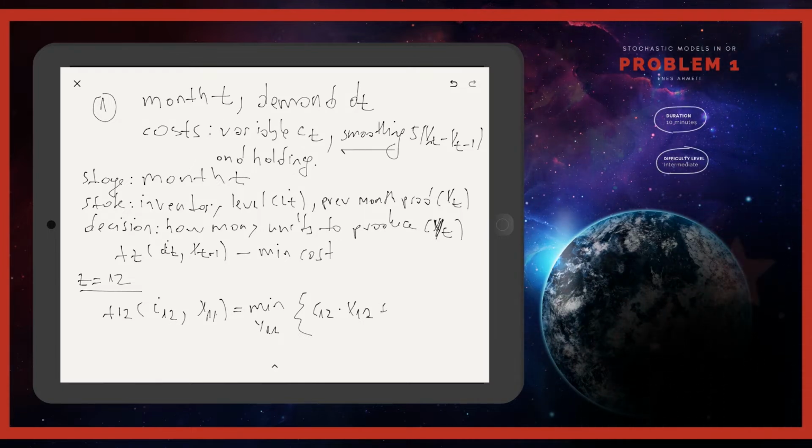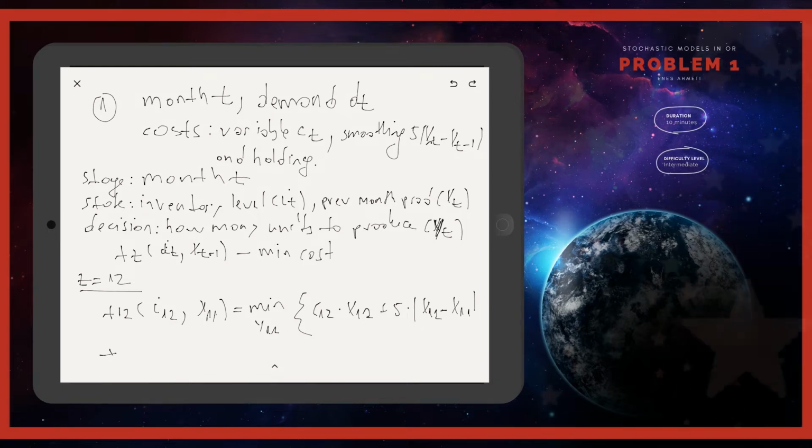My second cost is the smoothing cost. So we are dealing with 5 multiplied by the absolute value of X12 minus X11. Okay, so we dealt with the smoothing cost, and we have a different cost. What is our third cost? It's a holding cost. This means that if I produce extra units, then I need to pay a holding cost.